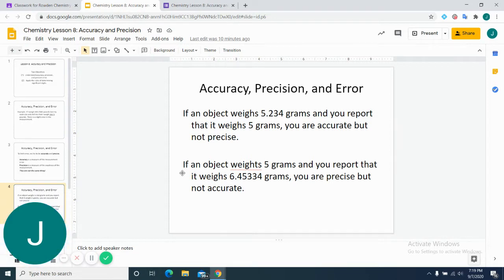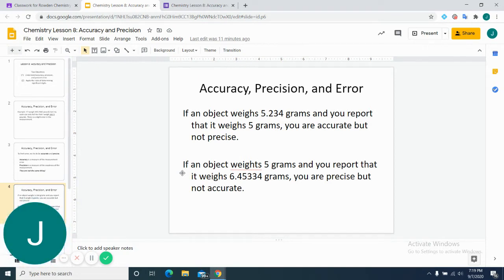So if an object weighs 5.234 grams, and you say it weighs 5 grams, look at what you did there. Are you wrong? Does that make me believe that you don't know what you're talking about, that you didn't measure this object? No, not at all, because 5 is a better answer than 1, 2, or 3, or 4. 5 is a better answer than 6, 7, 8, 9, 10, 11.